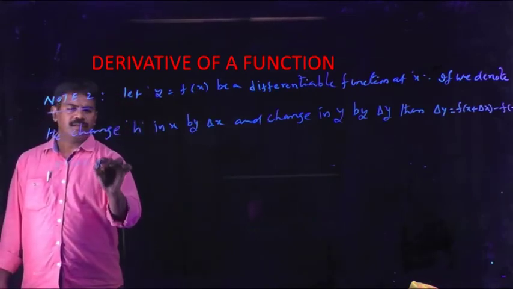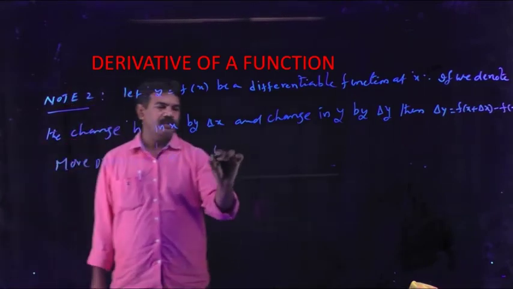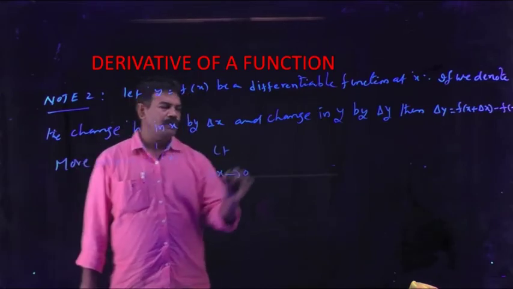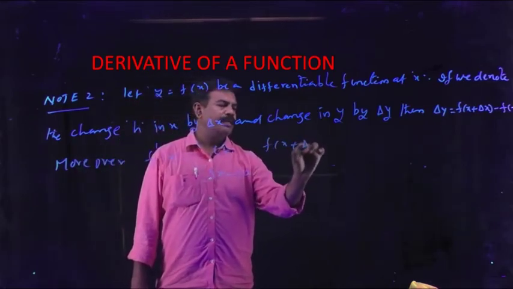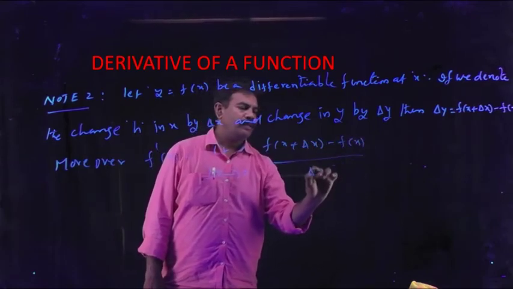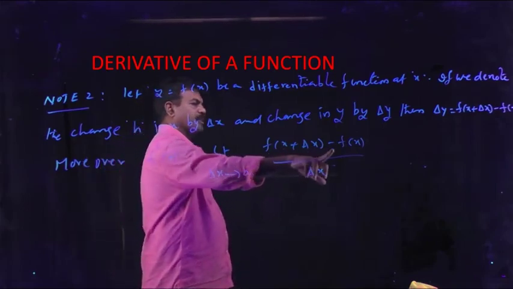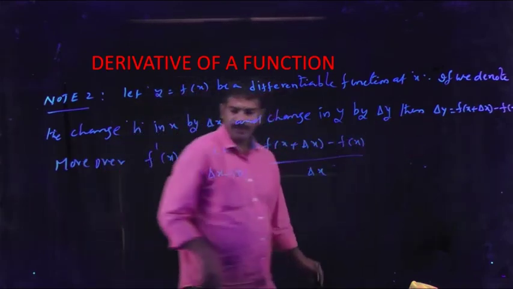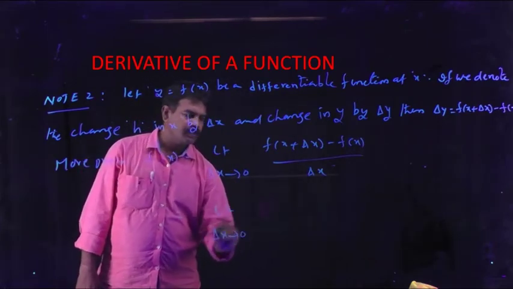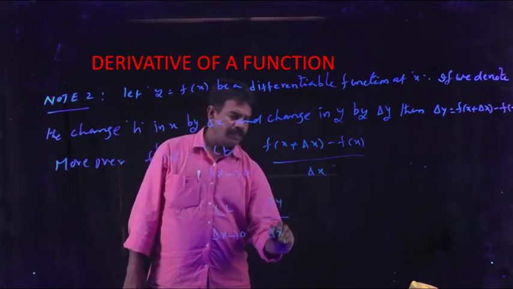Moreover, f dash x is equal to limit delta x tends to 0 of (f(x plus delta x) minus f(x)) by delta x. Already we know f of x plus delta x minus f of x is equal to delta y. So it is limit delta x tends to 0, delta y by delta x.